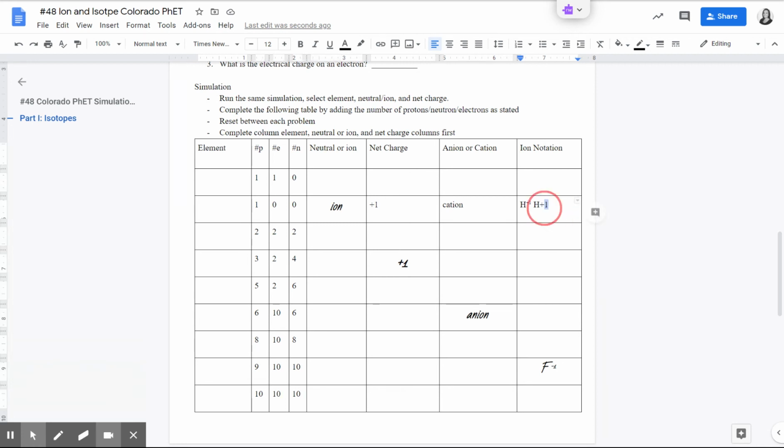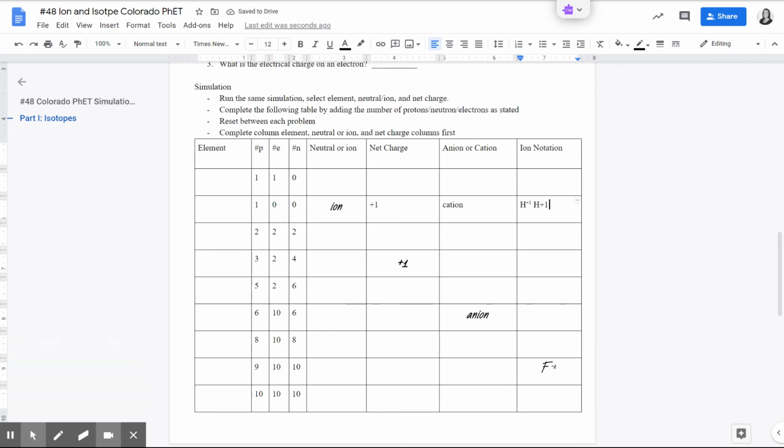With the ion notation, all you need to do is find the superscript. You can do the superscript by pressing Control period, and then you put the charge in that right corner. If you can't figure out how to do that, it's totally fine. Just write H plus 1. I'll know what you're talking about.